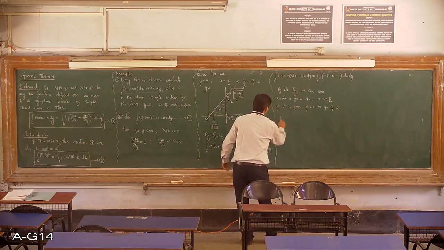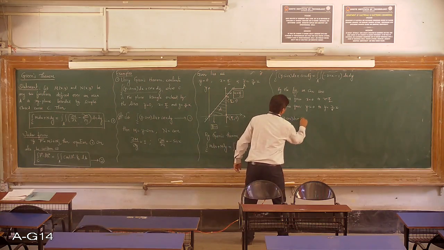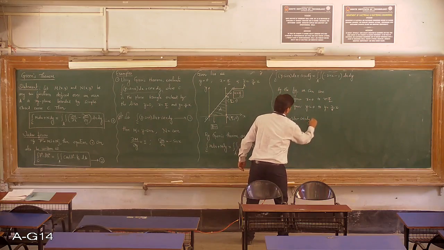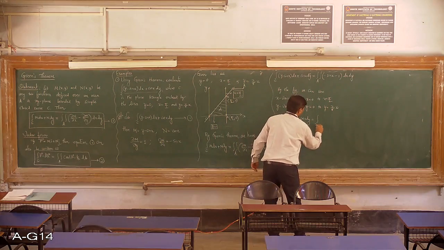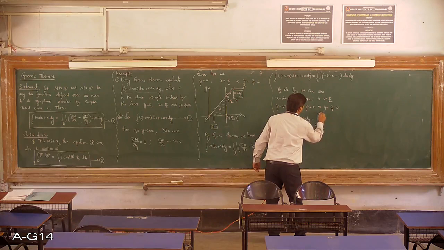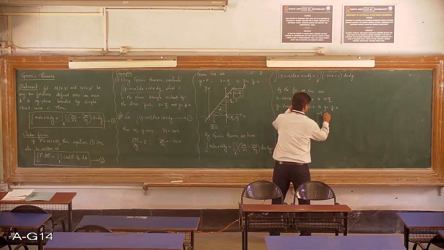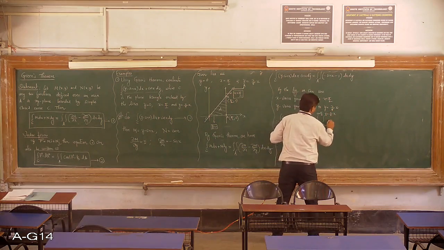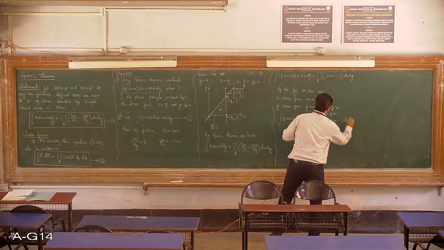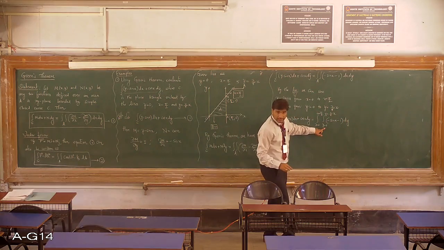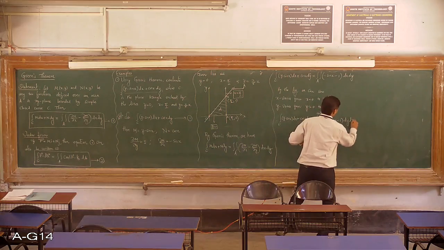So therefore the integration over curve C, y minus sin x into dx plus cos x into dy, equals: x varies from 0 to pi by 2, and y varies from 0 to 2 by pi into x, of minus sin x minus 1 into dy first, because here I have written y, so first I write dy and then dx.